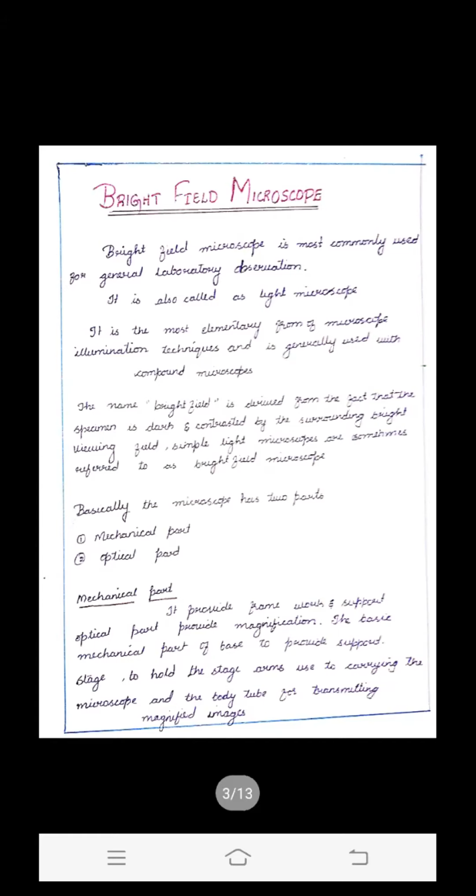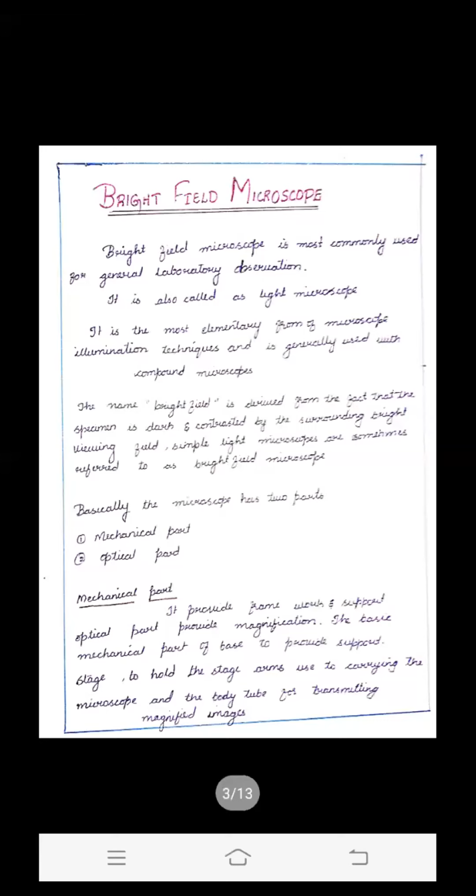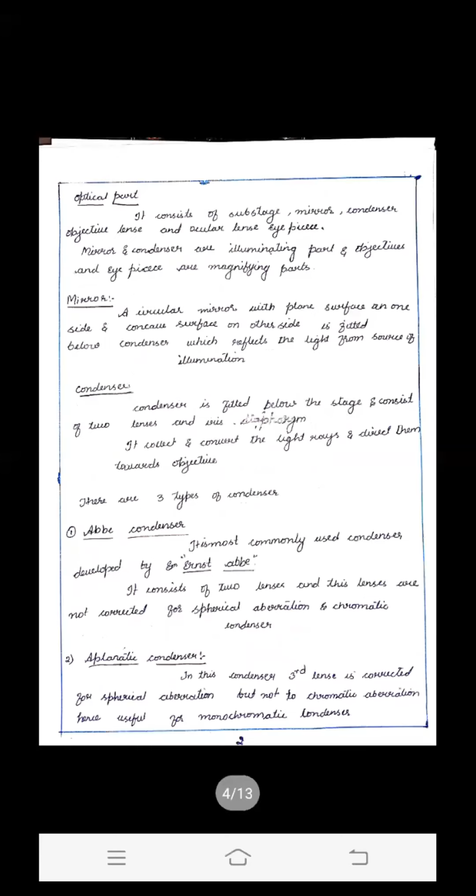Next, the optical parts. They consist of a substage, mirror, condenser, objective lens, ocular lens or eyepiece, etc.